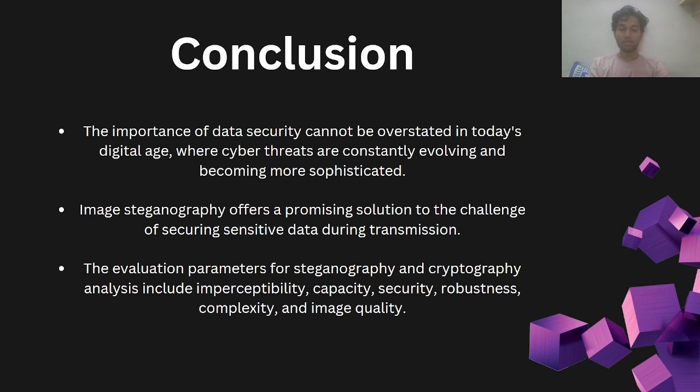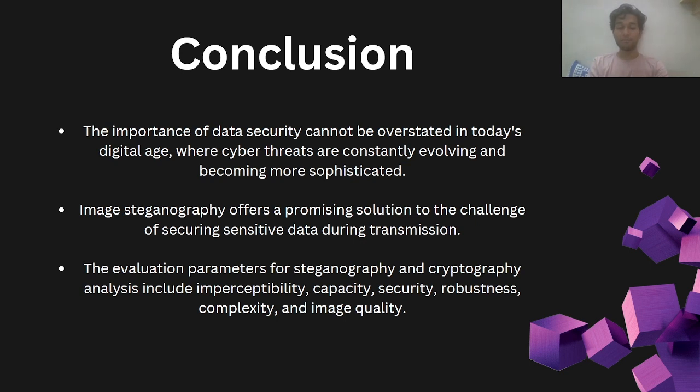One method to ensure data security is image steganography. Image steganography is the process of hiding information within an image without altering the image's visual appearance. By doing so, sensitive data can be transmitted over a network without attracting the unwanted attention of hackers.